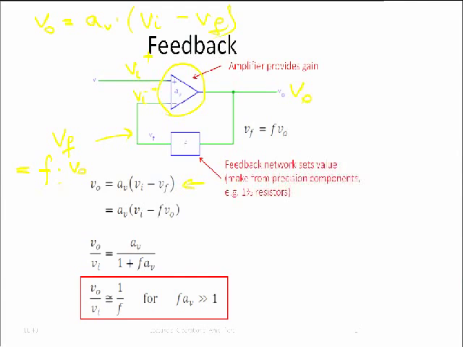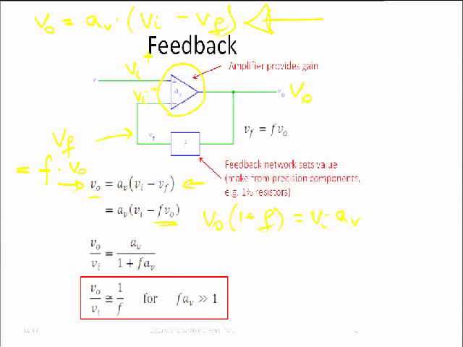So we just wrote down the definition of the op-amp. That's this equation here. Then we also know what VF is. VF is equal to F times V out. We had written that up here before. Now it's purely math. We have the unknown output voltage in this equation, and we can solve for it: V out times 1 plus F times AV is equal to VI times AV.